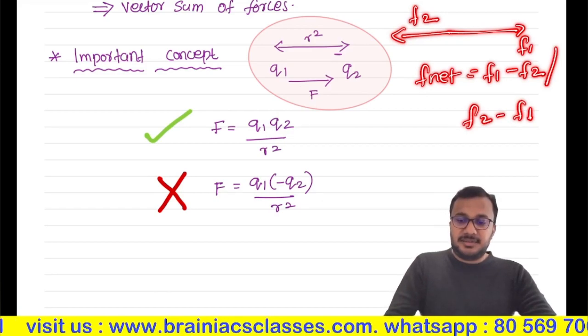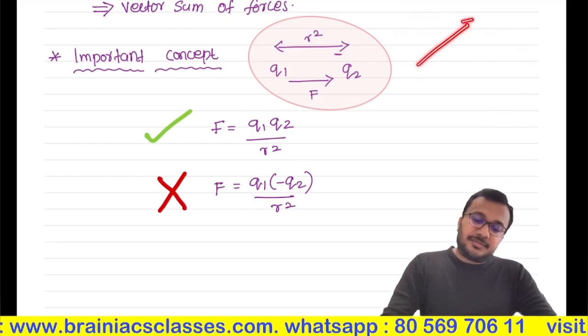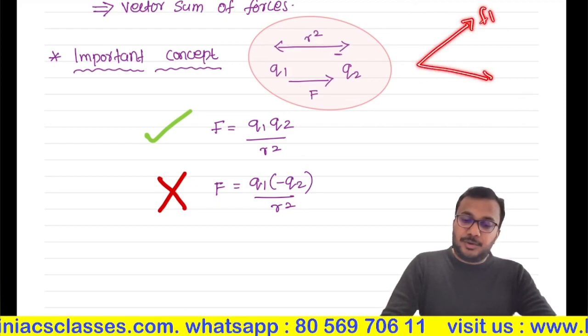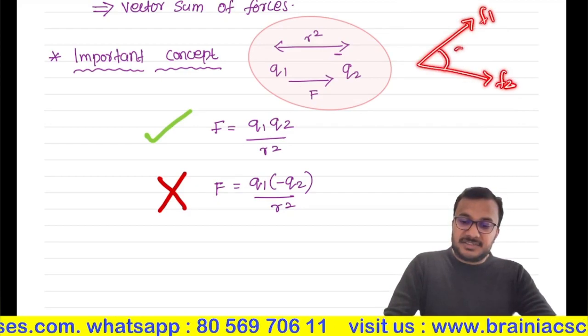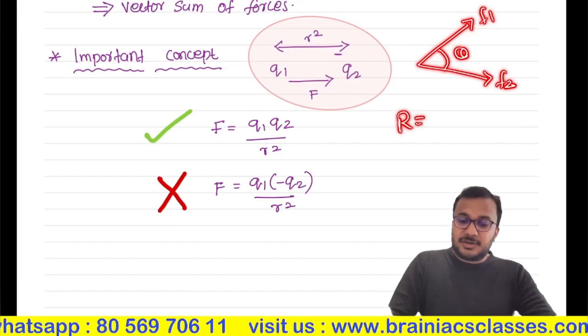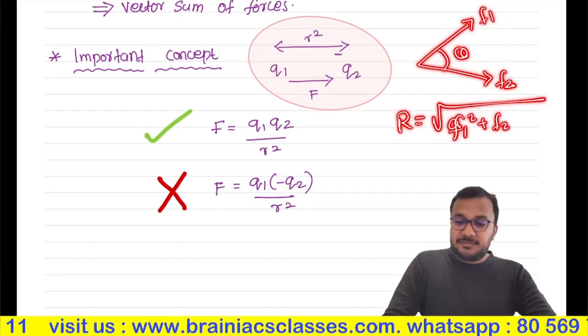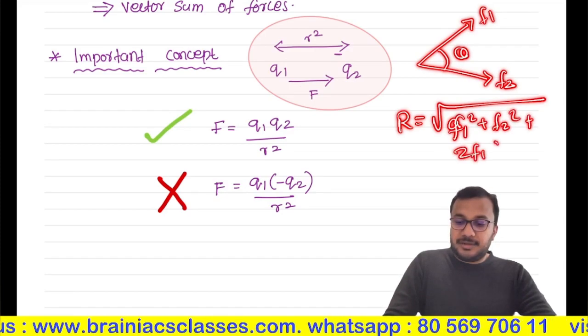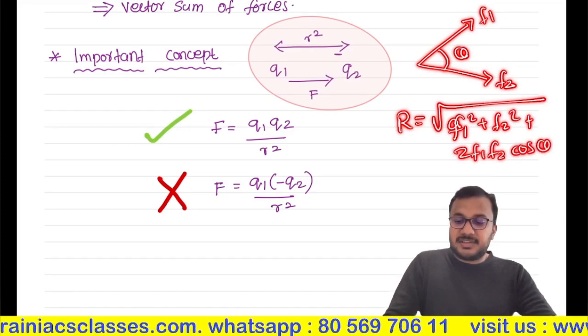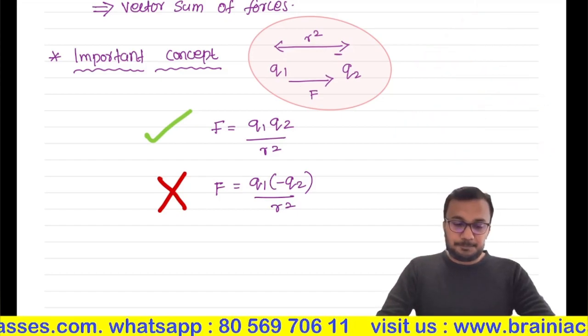And suppose you have forces F1 and F2 with angle theta between them, then the resultant of the two forces is the square root of F1 square plus F2 square plus 2 F1 F2 cos theta. Theta is the angle between them.